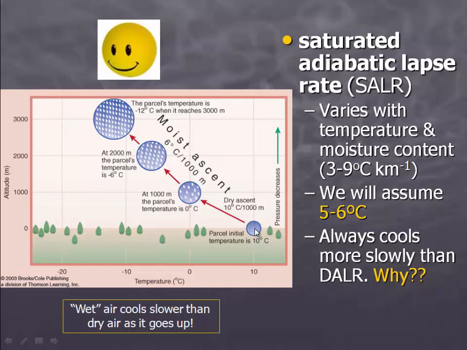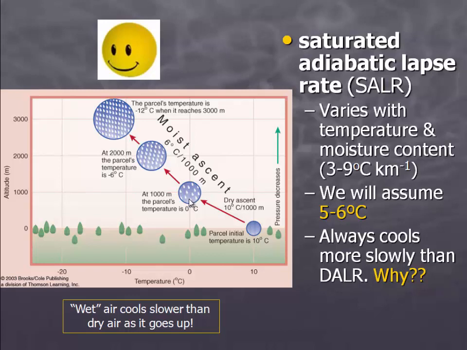At the surface, we'd ask ourselves, is the parcel saturated? The answer would be no, because the temperature is not equivalent to the dew point temperature. However, if we were to follow the dry adiabatic lapse rate up 1 kilometer, the new parcel temperature would be 0 degrees C, the dew point would also be 0 C, and now we've achieved saturation. So condensation will begin inside of the parcel at that level.